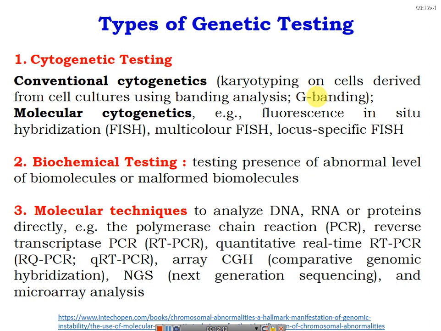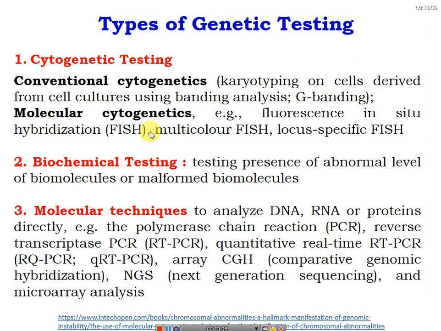Okay, cytogenetic testing, we have either conventional cytogenetic techniques or molecular cytogenetic techniques. In conventional ways, mostly karyotyping is used, and we do it by visualizing different types of banding of the chromosomes using different banding techniques.